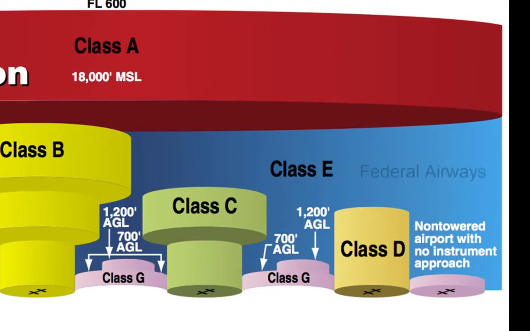Also in this airspace are federal airways, which begin from either 700 or 1,200 feet off the ground and are used to transition to and from terminal areas or en route environments. Unless noted, Class E airspace begins over the United States at 14,000 feet above sea level up to 18,000 feet.